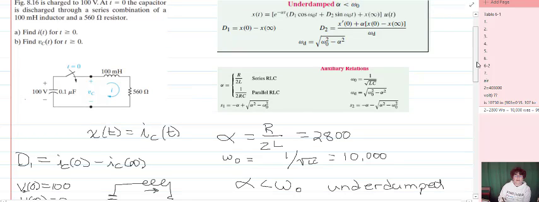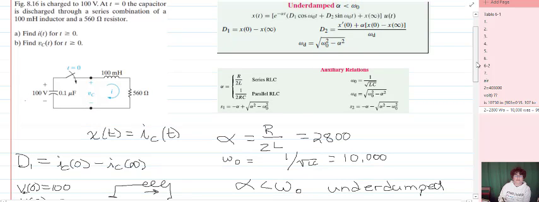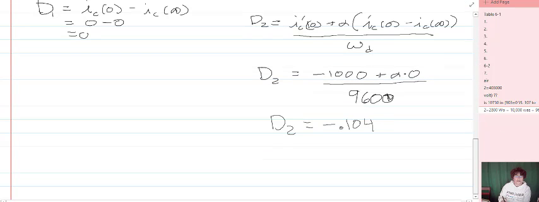And so now we have everything we need to plug into our equation.